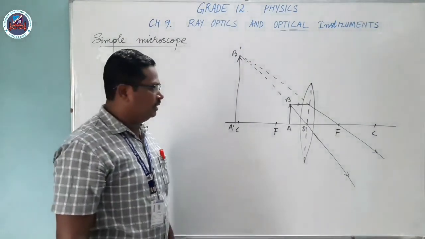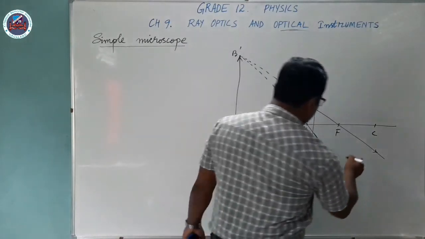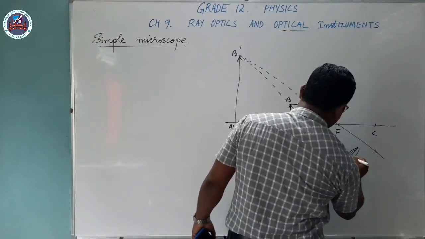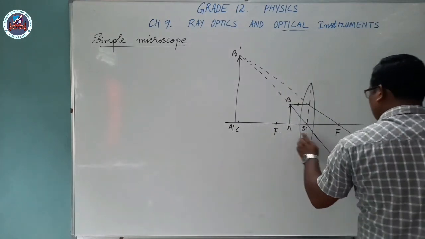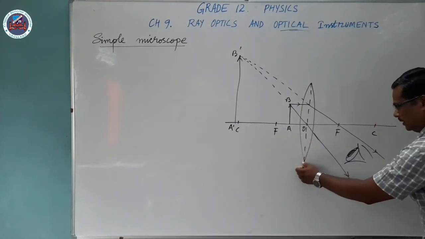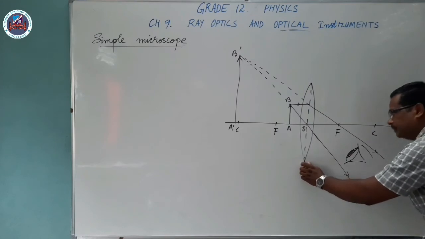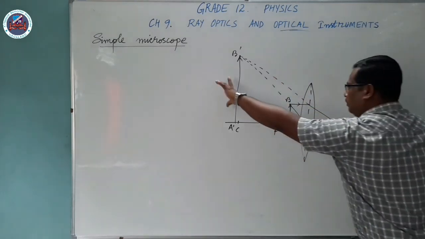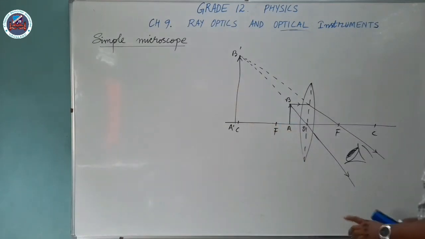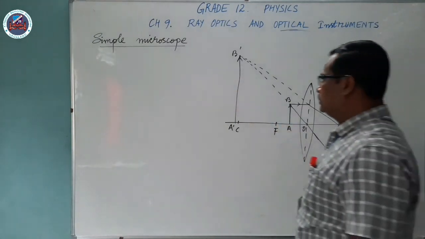If I keep my eye here and look at this object, placing the convex lens nearby, then I can see the image in a larger, magnified way. So this is how a simple microscope works.